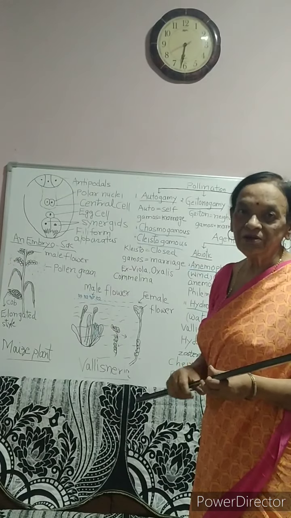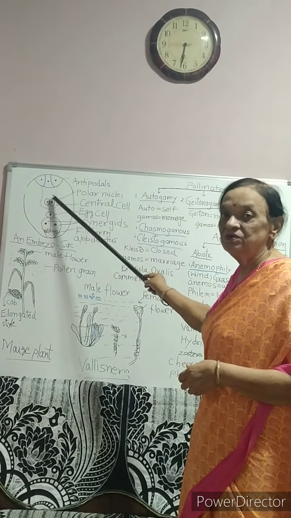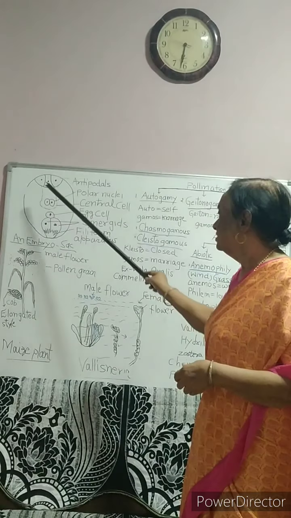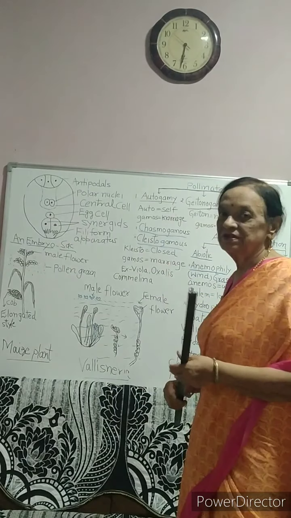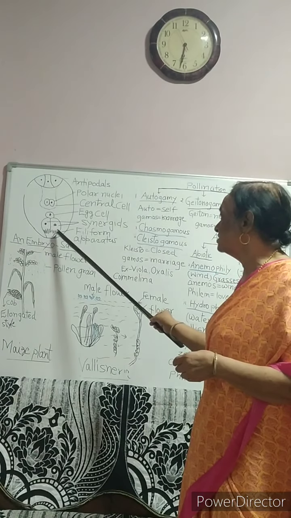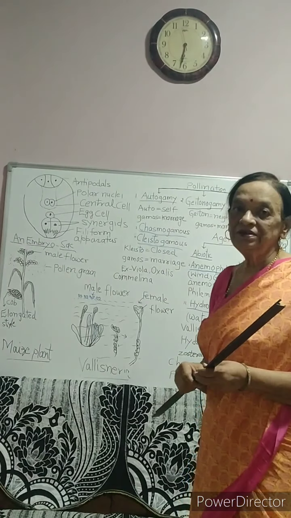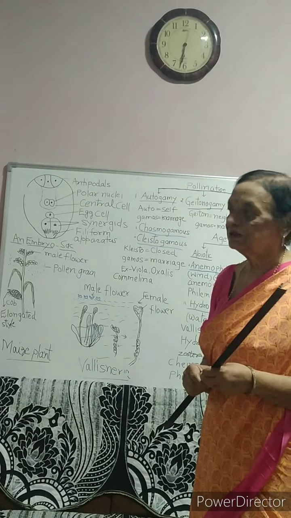In our book, the central cell is not shown, only 2 nuclei are there. Just make a small cell like this; that is the central cell. So, the embryo sac is an 8-nucleate and 7-celled structure.